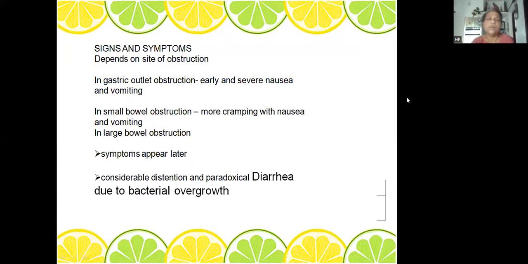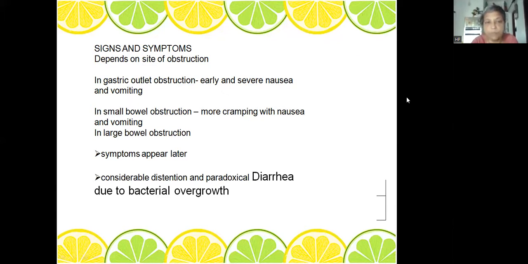Now let us see the signs and symptoms, which depend on the site of the obstruction. In gastric outlet obstruction, early and severe nausea and vomiting will be there. In small bowel obstruction, more cramps will be there with nausea and vomiting.